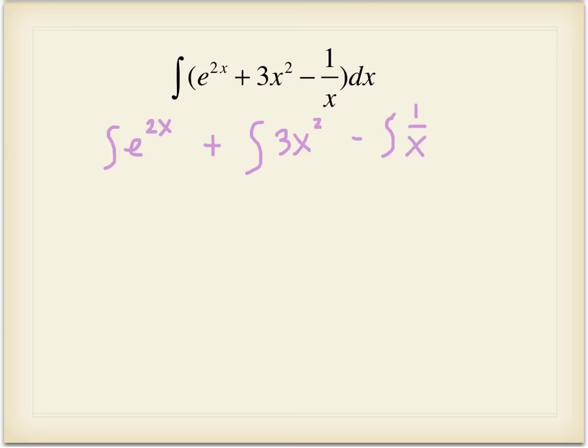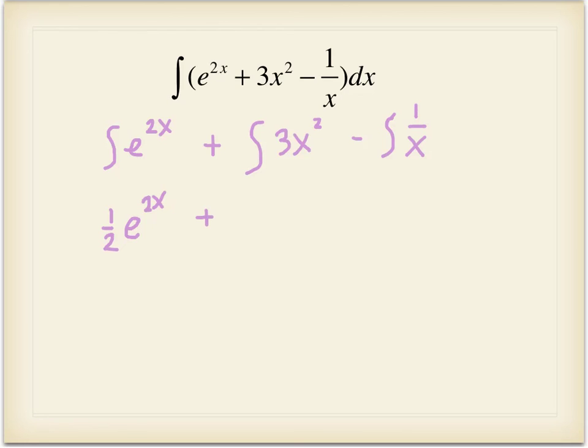Now let's do each of these separately. When you think about the antiderivative of e to the 2x, it's going to be the same thing. However, if I took the derivative of this, I'd be multiplying by 2, so I had better find some way to cancel out that 2. So 1/2 e to the 2x is what we'll get there.